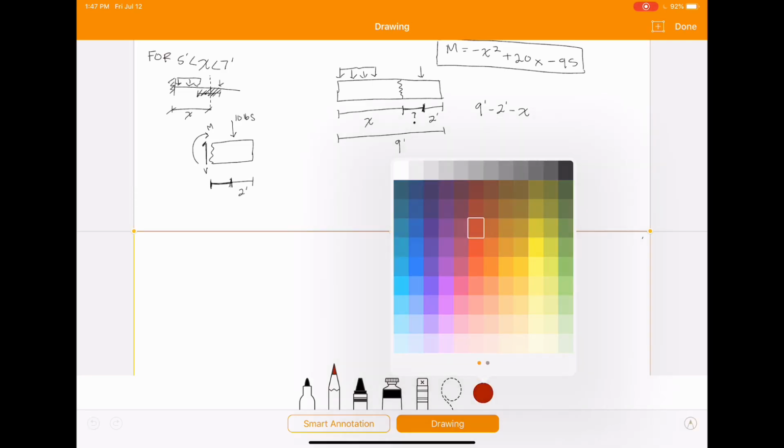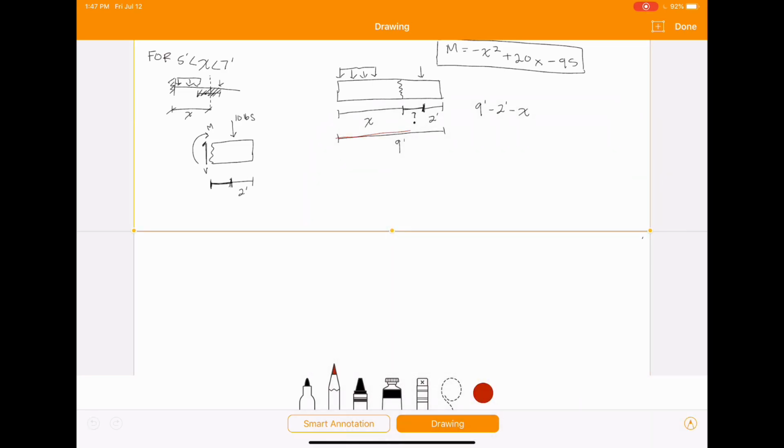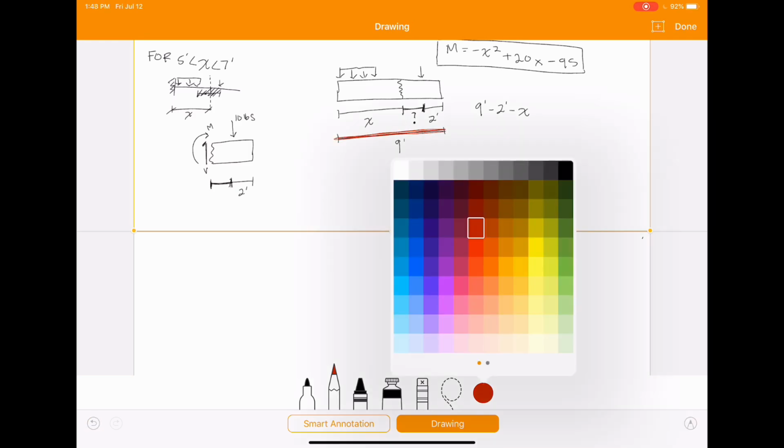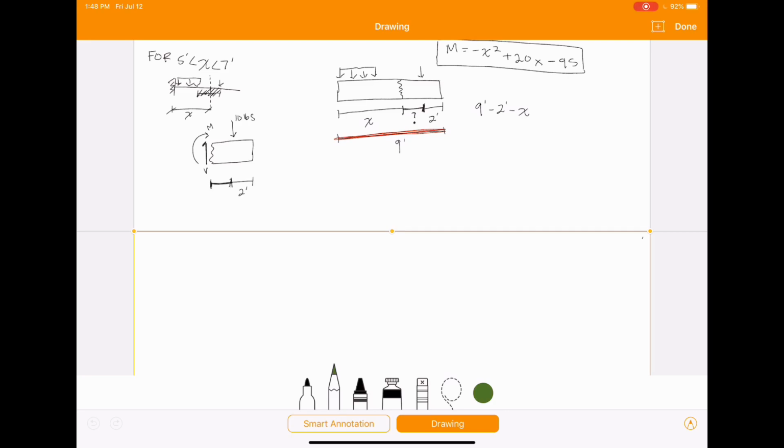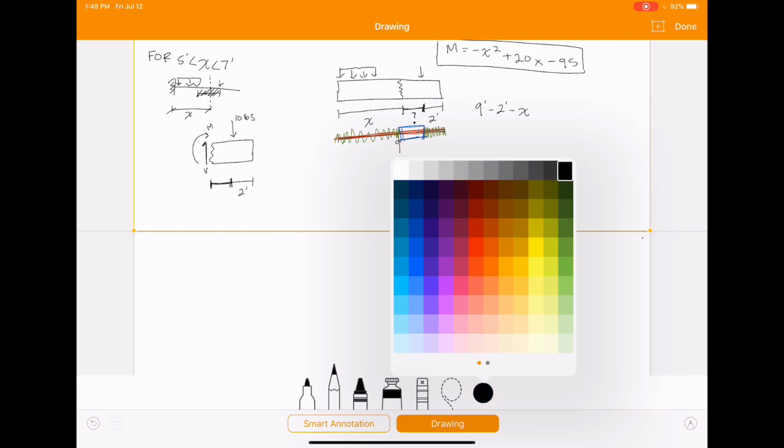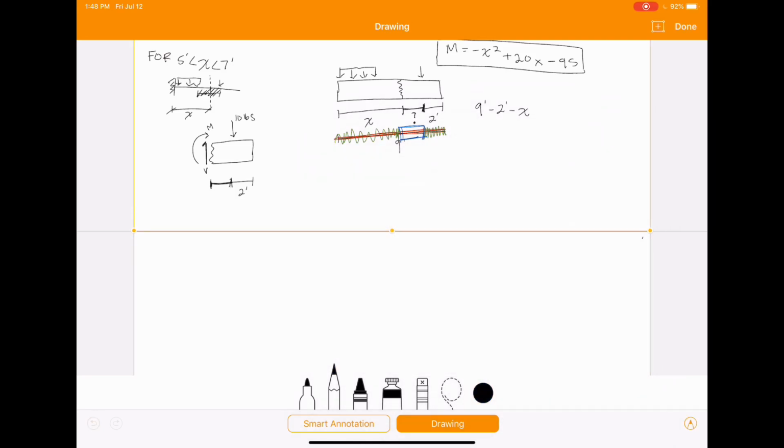Because you've got this full length, and then you are subtracting out 2 feet, subtracting out this x, and you are left with this portion here, which is that length that we were looking for. So that length there is going to be 7 minus x. Apply that to our free body diagram.